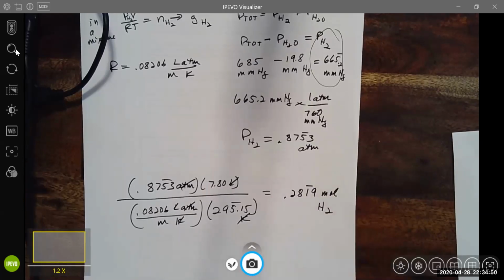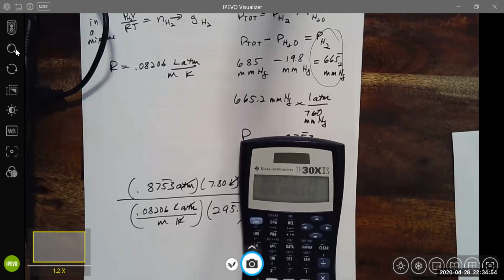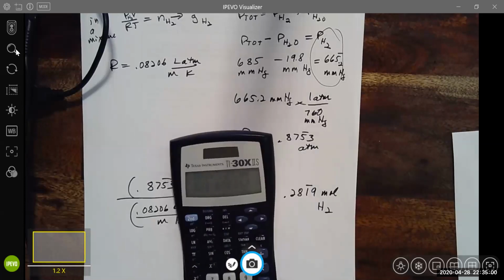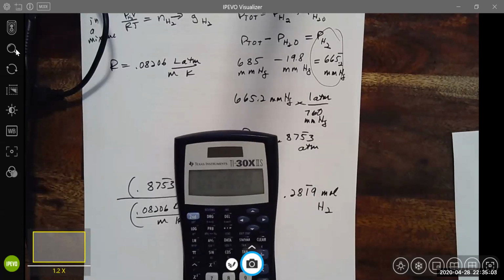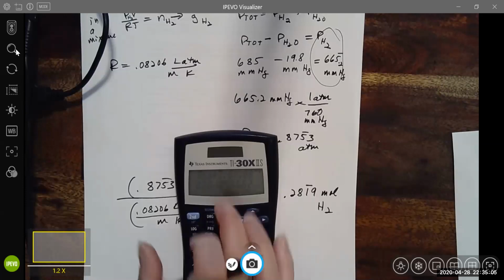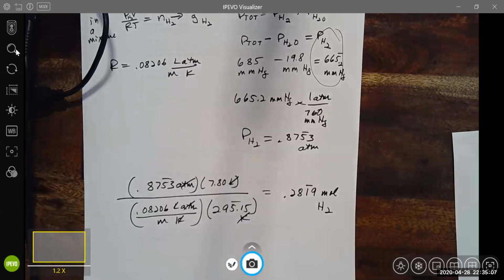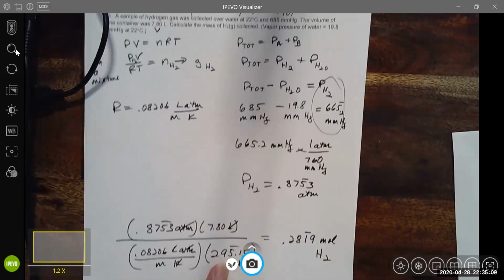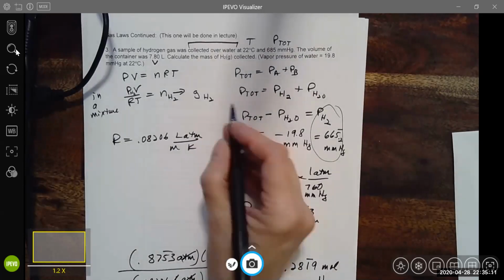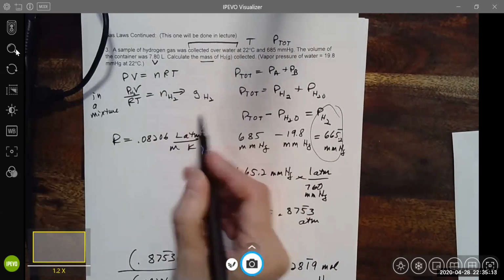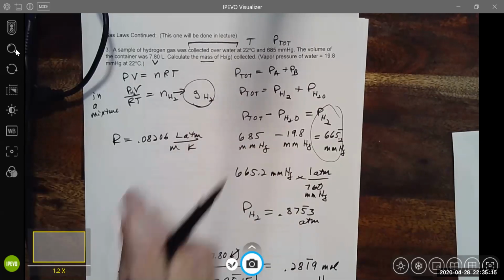I'm carrying extra sig figs with me. What I'm really doing is leaving that in my calculator because I have another step. Although I wrote 0.2819, my calculator says 0.281876 and so on. I'm going to use that next, because remember the question wanted the mass. Need grams, so we have to go from moles to grams.